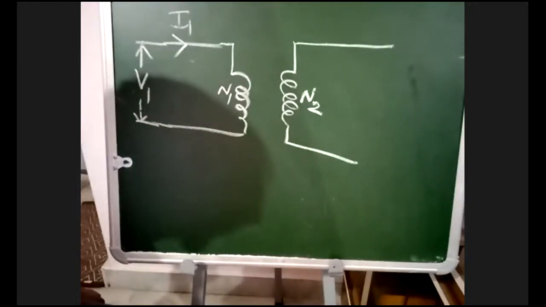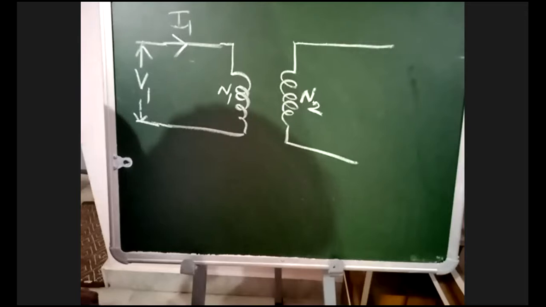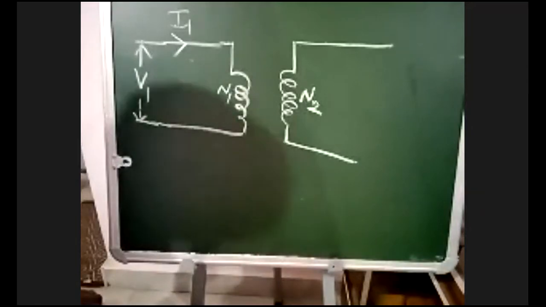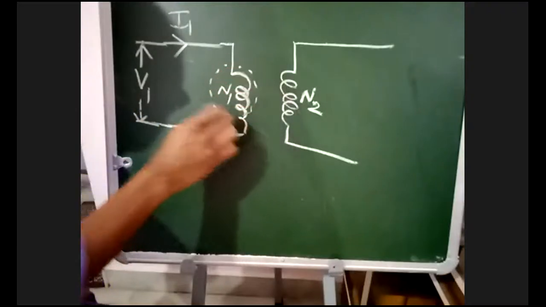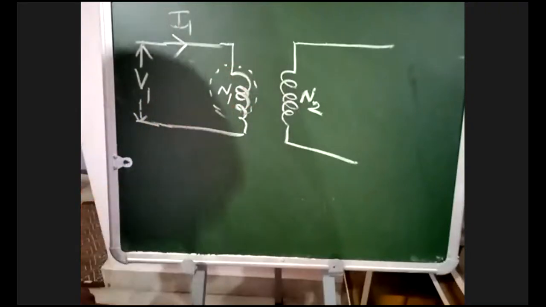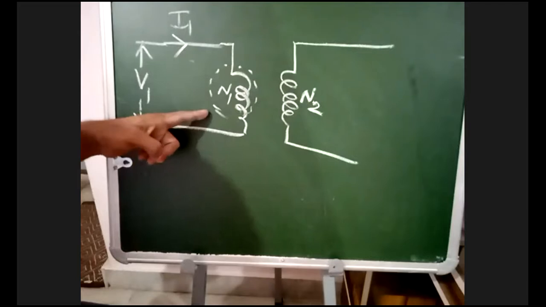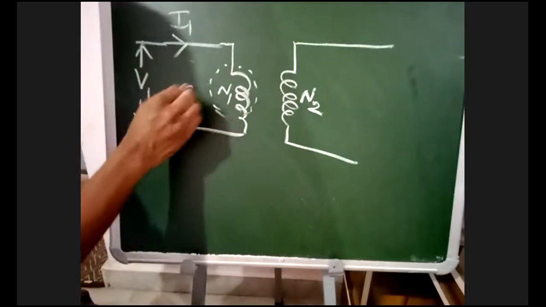I had told you, around a current carrying conductor, what will happen? See the note point. Around the current carrying conductor, what is developed? Magnetic field, flux. Magnetic flux is generated. When current is passing through N1, flux is generated.